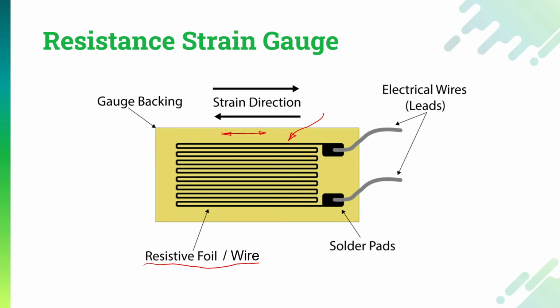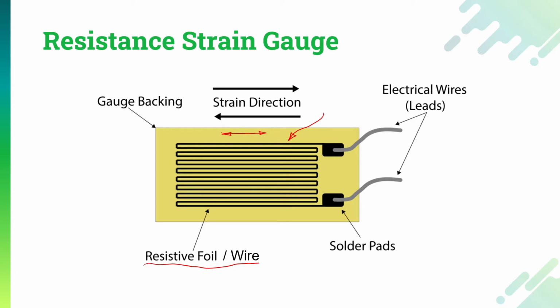The strain will be applied on the wire also, and due to that, if it is a positive strain, then the resistance is going to increase, and if it is a negative strain, the resistance is going to decrease. This is one of the most common changes that occur. This is not for all materials; for some materials this is going to be reversed also.